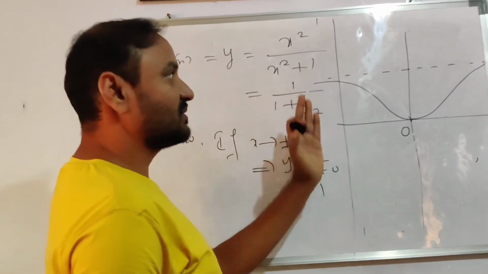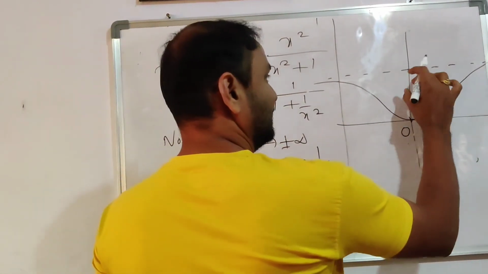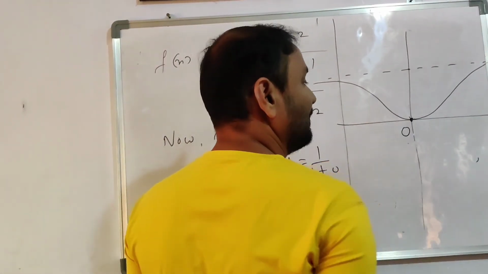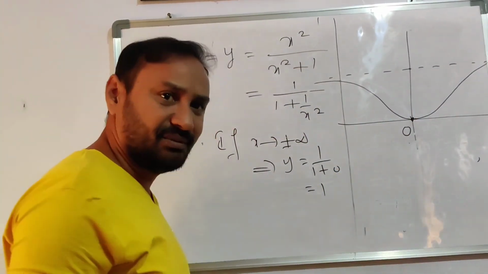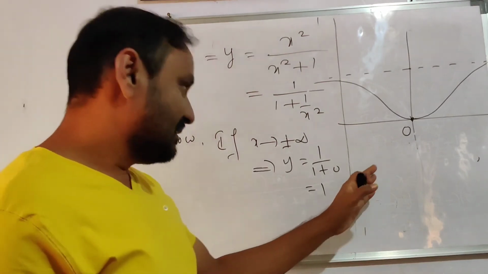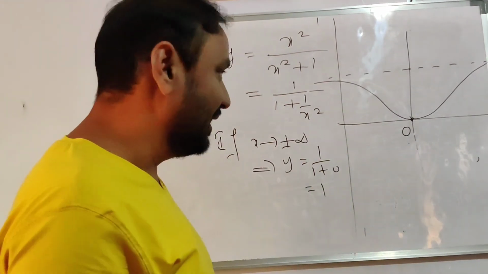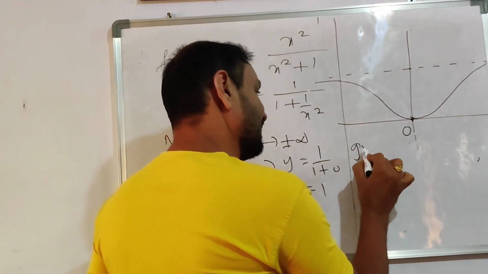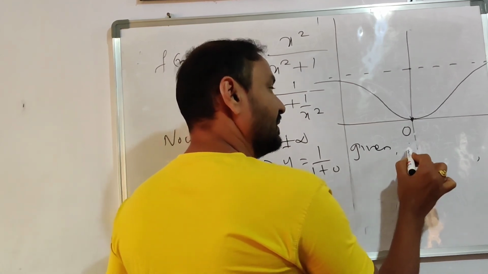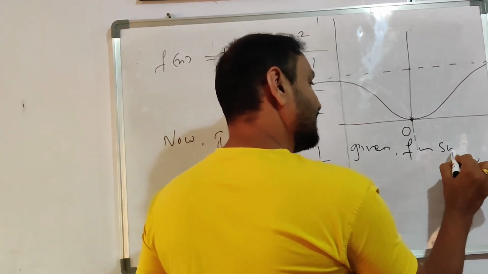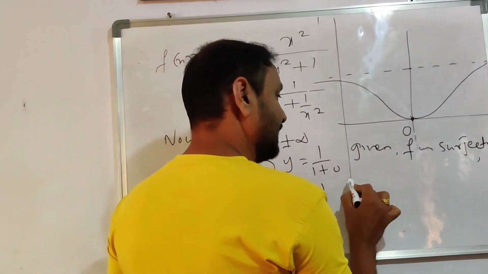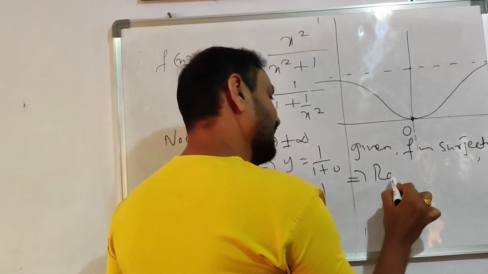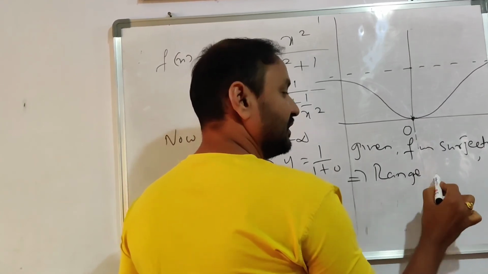So that's why here this is the maximum value, and here this is the minimum value. Given the problem is surjective, so that's why the range is equal to the codomain. So I am writing here: given f is surjective, that implies range is equal to codomain.